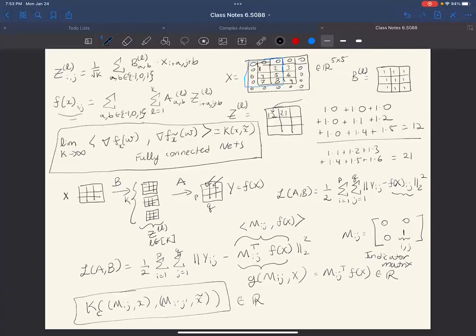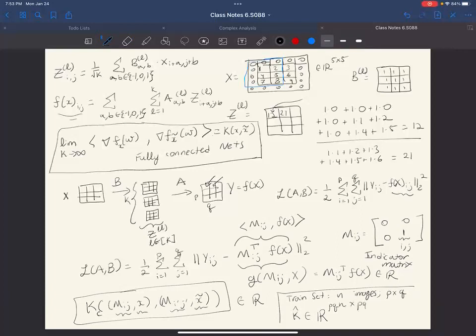And what space does this live in? Well, if my training set has n images of size p by q, and I'm doing a fully convolutional network, which is always the case with a fully convolutional network, then my CNTK for the training set, when I compute my training kernel matrix, I have to go over all pairs of coordinates, of which there are pq, and I have to go through all of these image pairs.